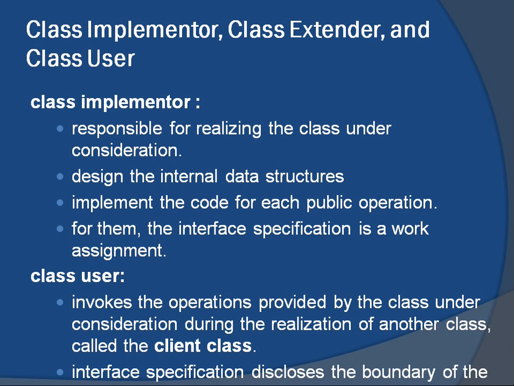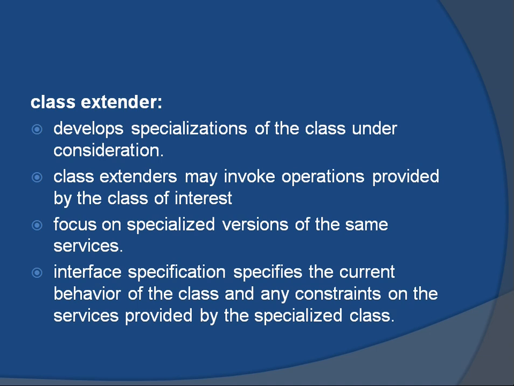Interface specification here discloses the boundary of the class in terms of the services it provides. Now class extender develops specializations of the class under consideration, the class we are dealing with.